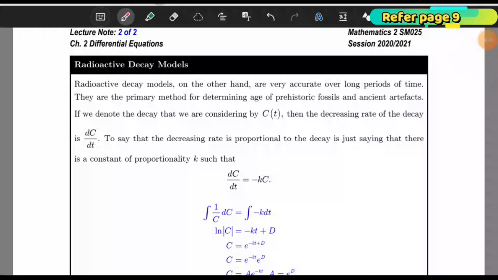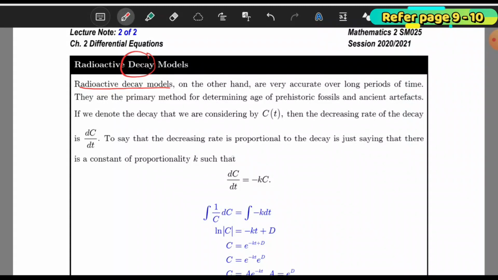The next application is radioactive decay models. Radioactive decay models, on the other hand, are very accurate over long periods of time. If you refer to the word here, we have the word decay, meaning that the rate is a decreasing rate.